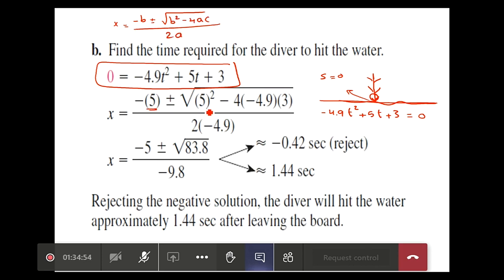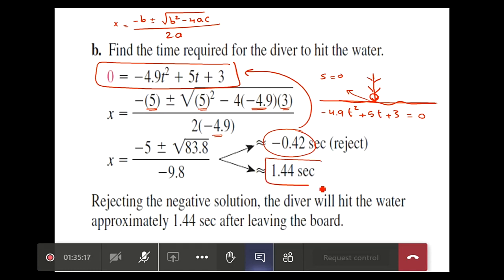Put in b square minus 4, this is the a, this is the c, over 2a. We have two solutions. One of them is negative. This is the solution of this quadratic formula, but the negative must be removed. Why remove the negative?